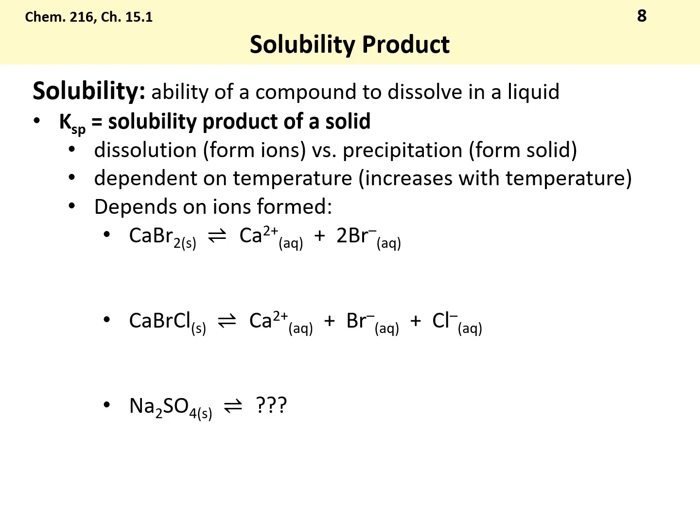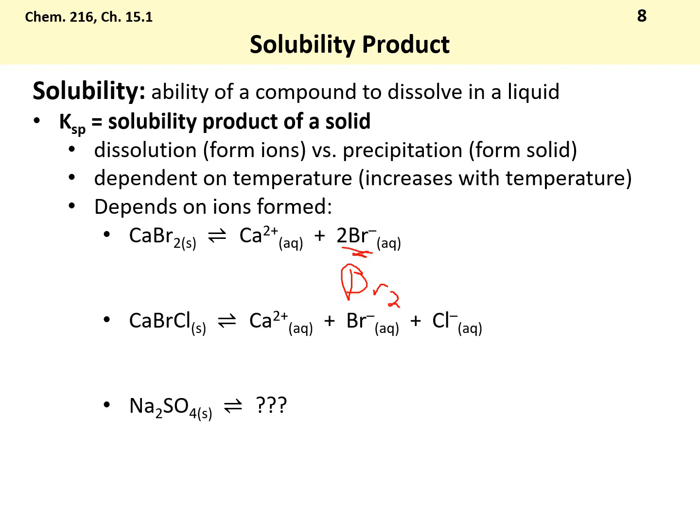Now, Ksp also depends on the ions involved, right? So notice if I have CaBr2, calcium bromide, it's going to form Ca2+ and 2 Br-. It doesn't stay as Br2. Instead, that 2 forms 2 bromide.